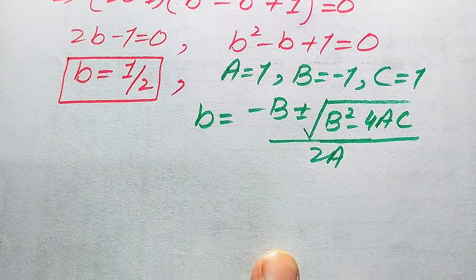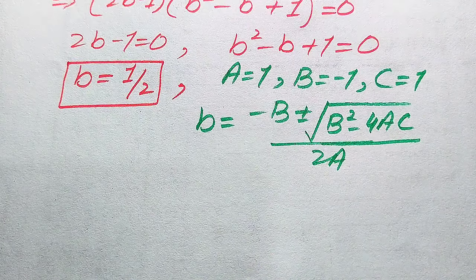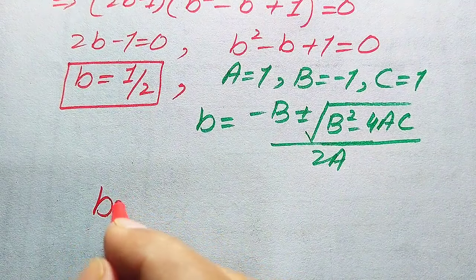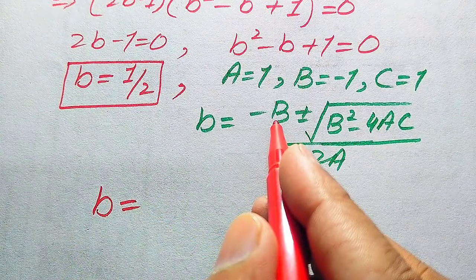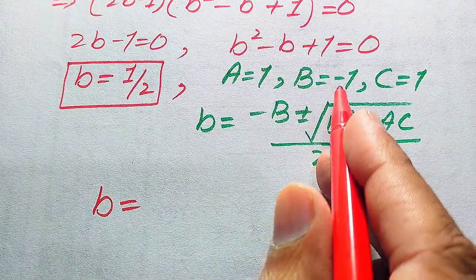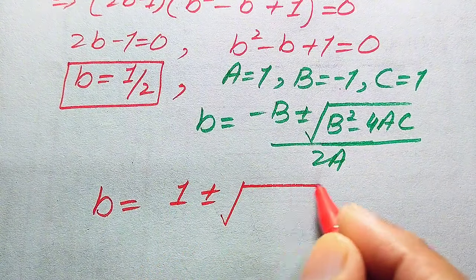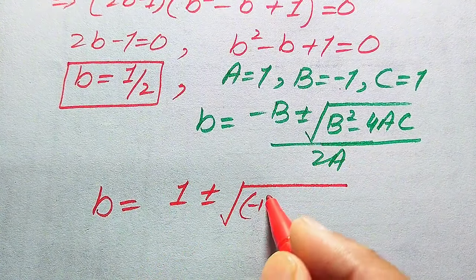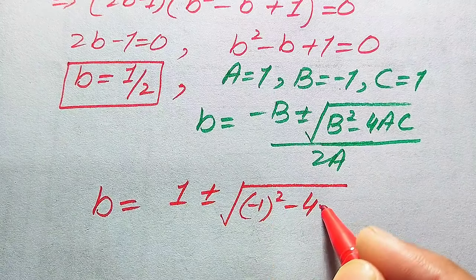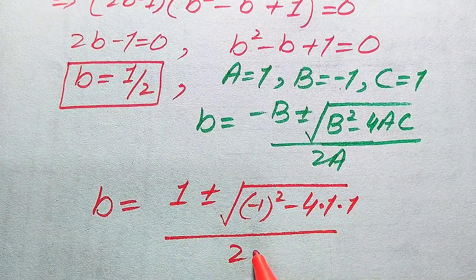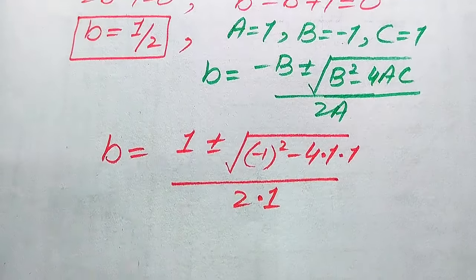So this is our quadratic formula, and here we substitute the values of a, b and c, and we get the remaining roots. This is minus b, and b is minus 1, so minus times minus becomes plus 1, and plus minus square root of b squared, it is minus 1 squared, minus 4 times a, which is 1, and c, which is 1, divided by 2 times a, and here our a equals 1.